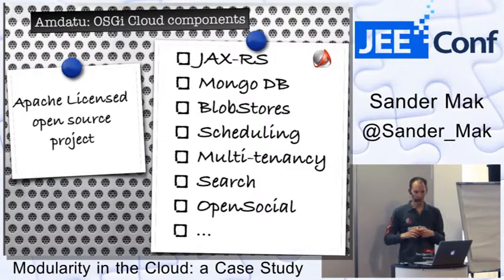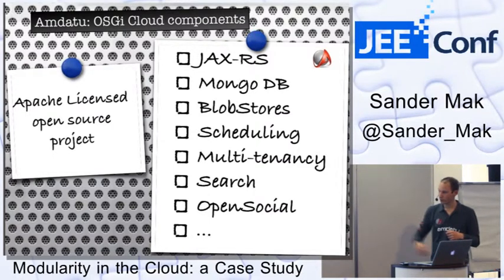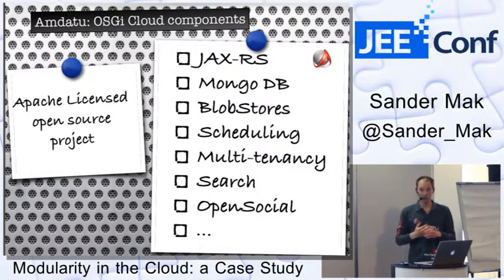Amdatu contains several technical components that you can reuse in your OSGi-based enterprise application. For example, it contains a JAX-RS implementation, which we heavily use in Pilsen.